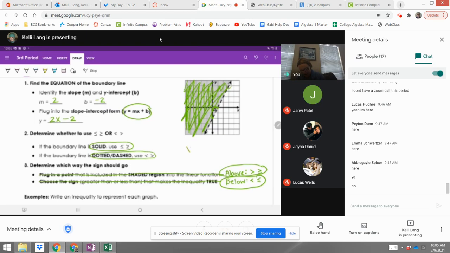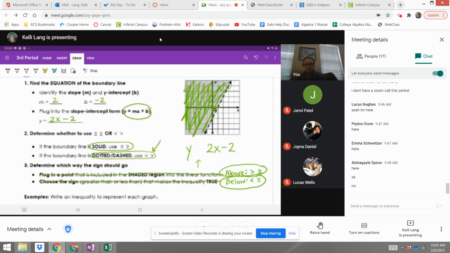Now all that's left is rewriting this with an inequality symbol instead of an equality symbol. Based on whether our line is dotted or solid, we're gonna include an equal to component. Looking at our picture, we have a dotted line. That means we're gonna be using this type of symbol with no equal to component.